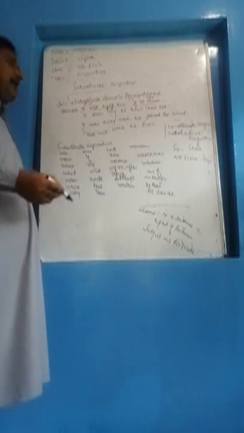For example, here is an example. I will help him if he comes. Just to see, I will help him. It is one clause. If he comes, if he comes. Now here is if he comes. If he comes, I will help him. I will help him, this is a principal clause because it needs nothing else.